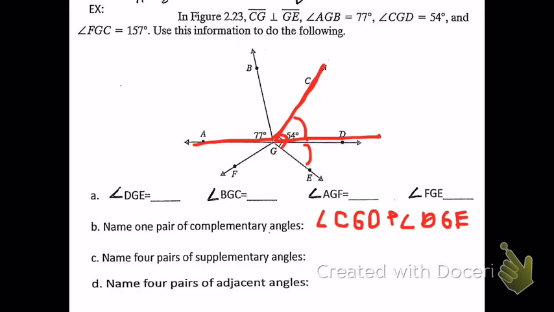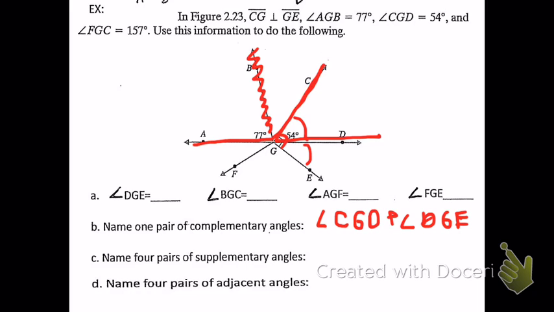Don't let this line right here throw you off. Students see that extra line in there and they think, oh no, that's more than two angles. They can't be supplementary. Just ignore it. As long as the rays you pick make 180, it doesn't matter if there's other angles inside of them.